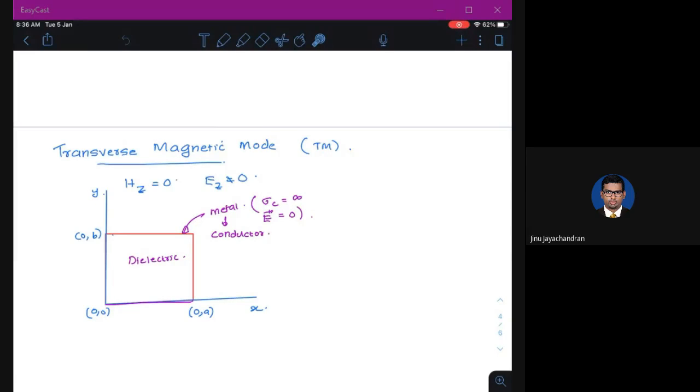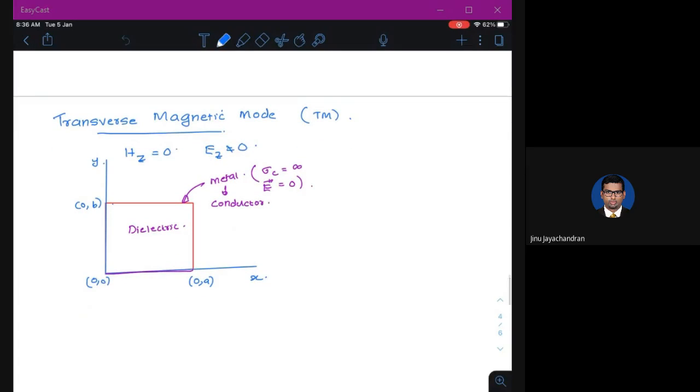So we have the rectangular waveguide like this. This is a 2D figure, and the length is A along X, and the length is B along Y. And the waveguide is made up of a metal which has sigma C equal to infinity, and the electric field in that metal will be 0.